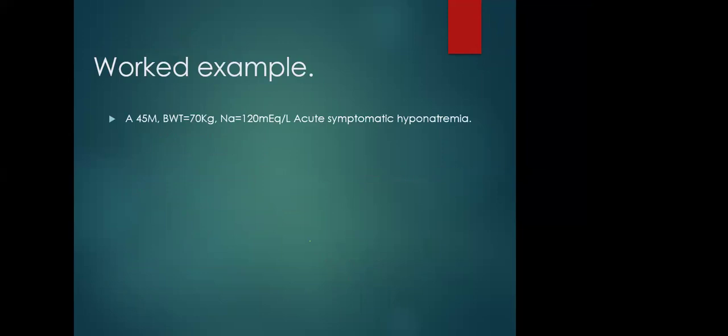We have a 45-year-old male, body weight 70 kg, sodium is 120, and has acute symptomatic hyponatremia. First step, we have to know his total body water. Again, we have seen it is 42 liters. Number 2, you ask yourself, 1 liter of 3% sodium chloride will change serum sodium by how much?